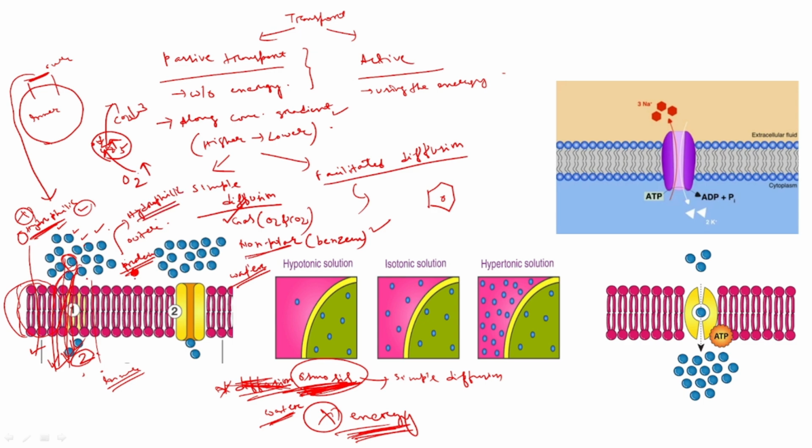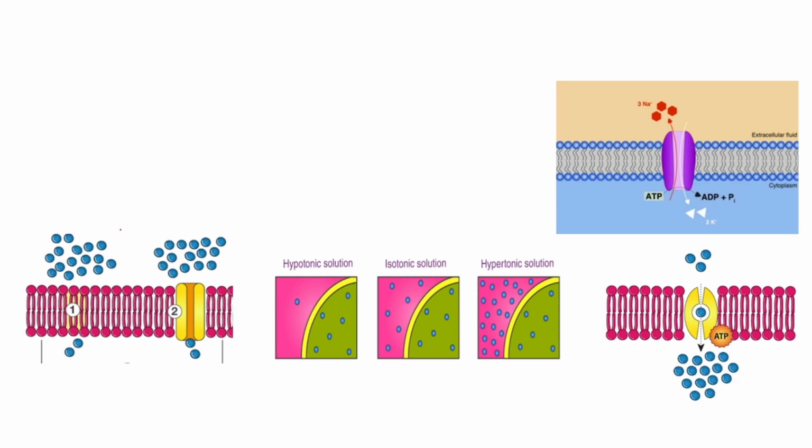Let's say this protein is present at a higher concentration at the outer side and a lower concentration at the inner side.